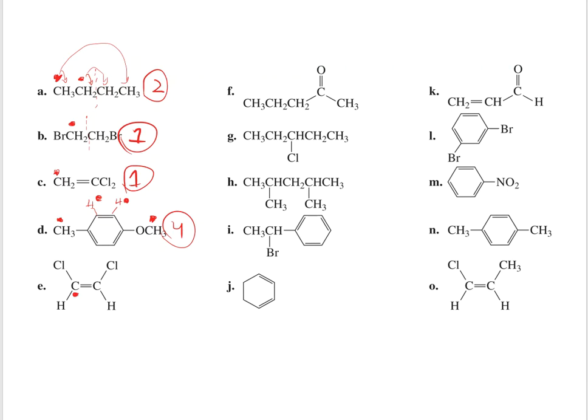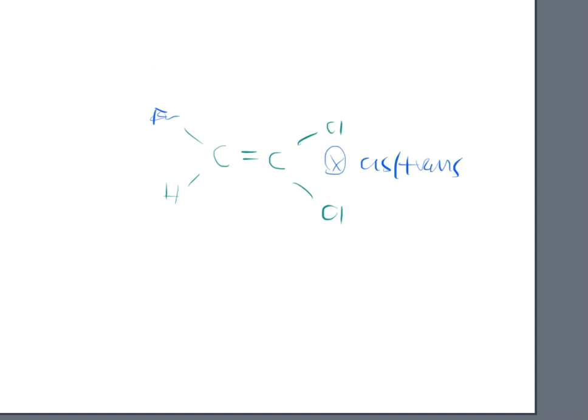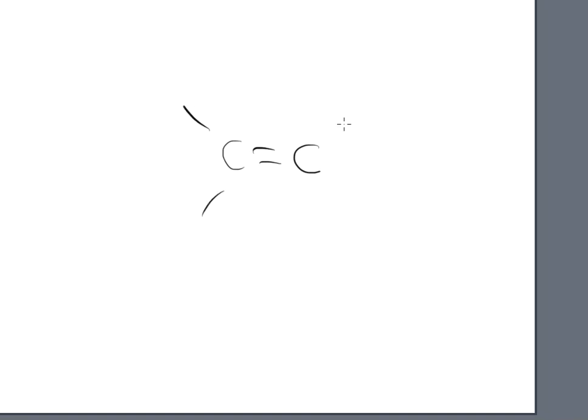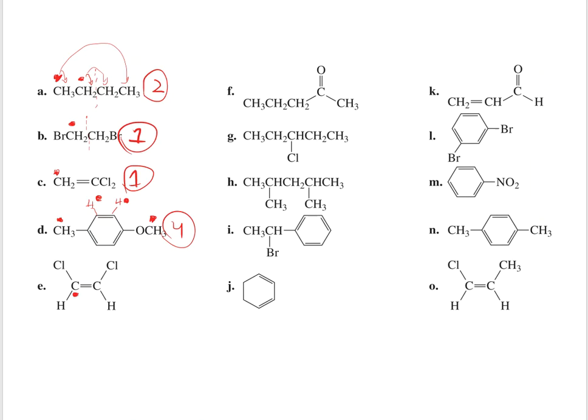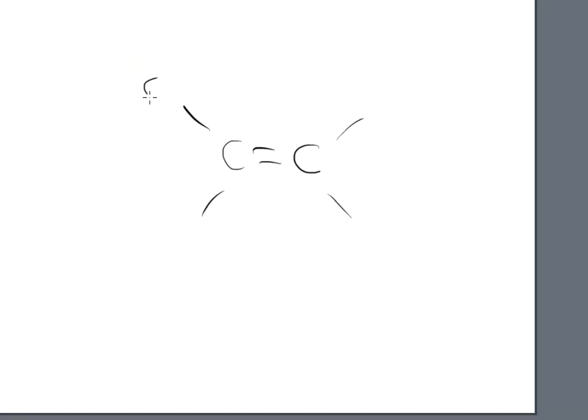So if I do a boop, boop, boop, boop, boop, all right, so here I'm going to redraw the structure, carbon, double bond carbon, and then we get these 4 prongs. And if I go back to the original structure, there's chlorines at the top and hydrogens at the bottom. All right, so chlorines here, hydrogens there, chlorine here, hydrogen there. I want to know, are they going to be different?